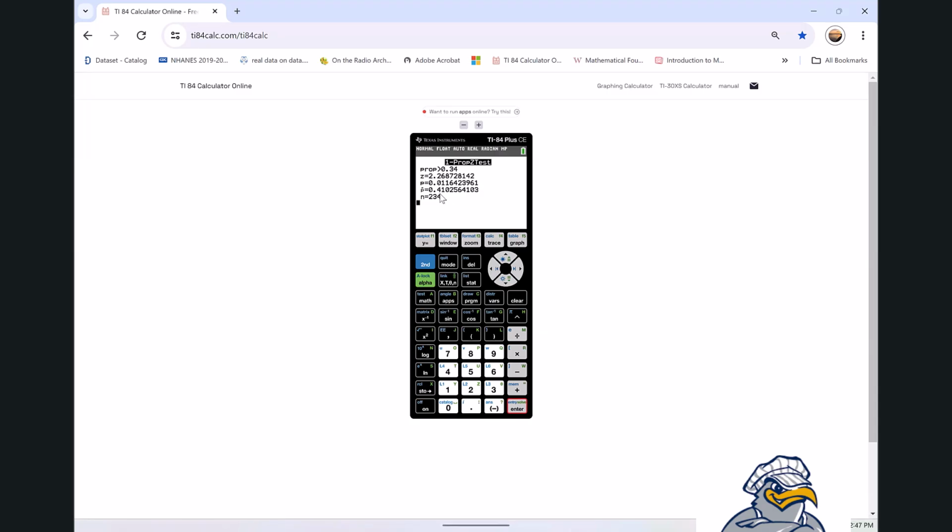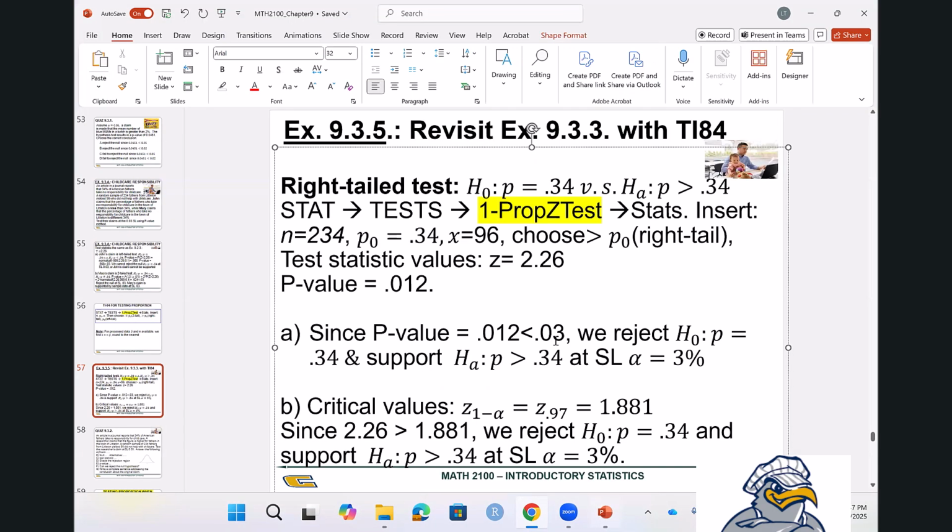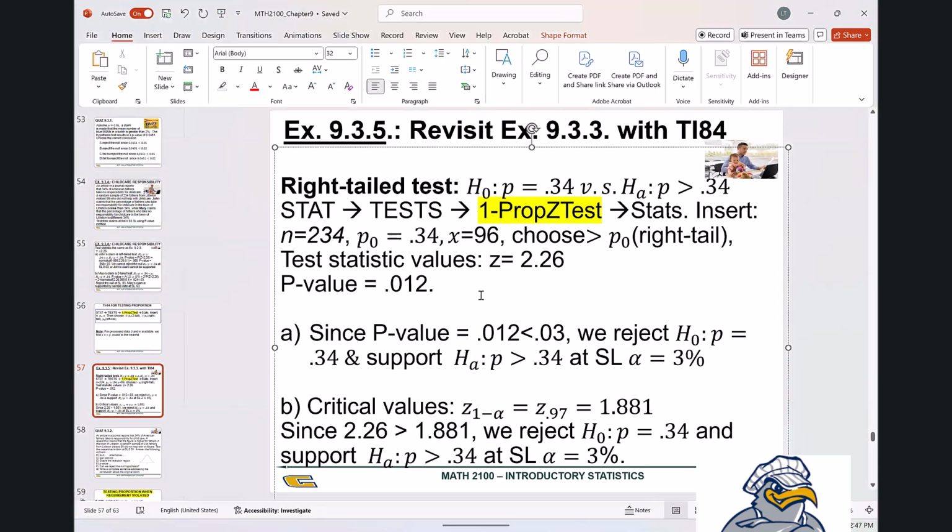And p hat is the sample proportion here, with the sample size here. Anyway, I think it's consistent with what we get here.